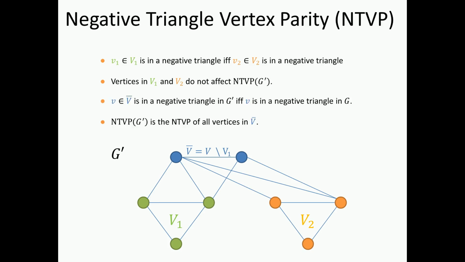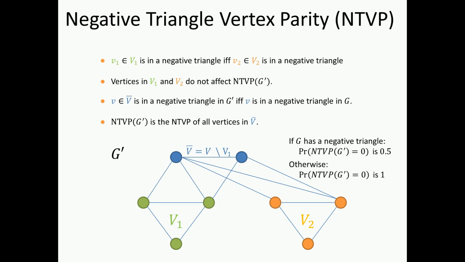Also notice that a vertex in V complement is in a negative triangle in G prime if and only if it was in a negative triangle in the original graph. So we get that the negative triangle vertex parity of G prime is the negative triangle vertex parity of all vertices in V complement.